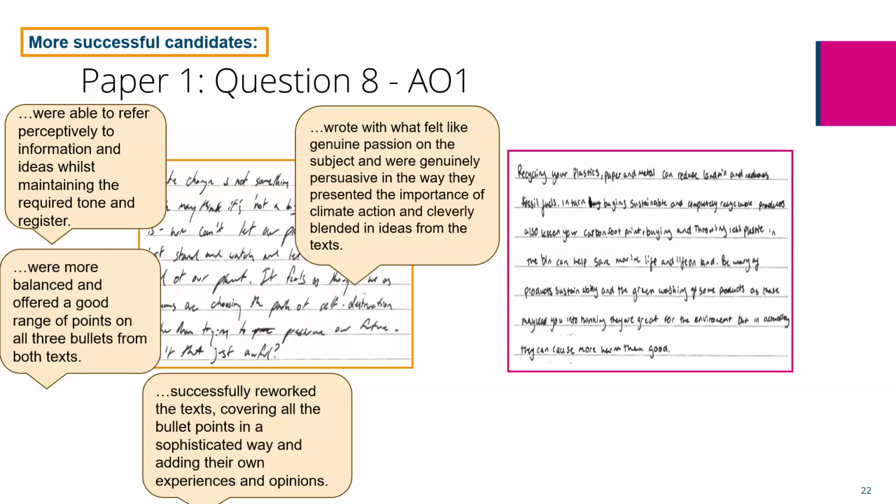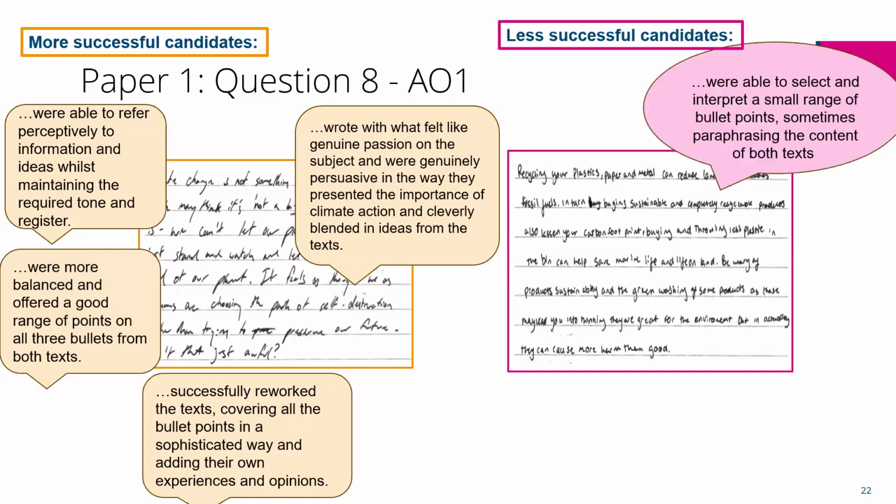Okay, so looking at this right-hand response for AO1, the less successful candidates were able to select and interpret a small range of bullet points, sometimes paraphrasing the content of both texts.